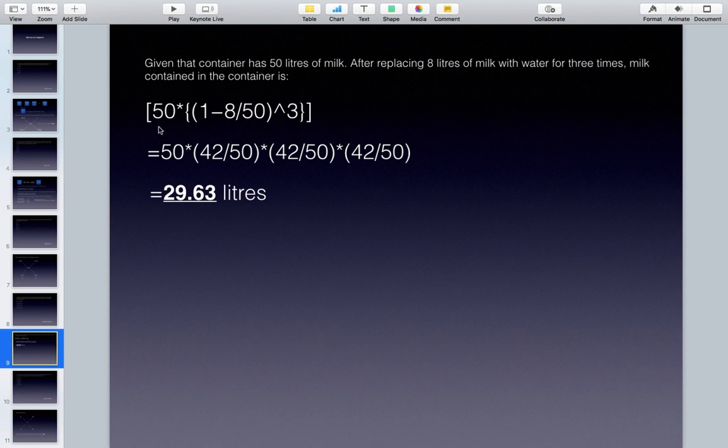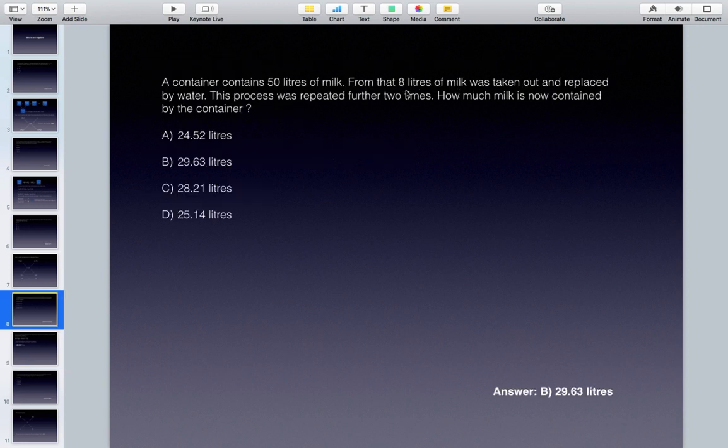We had 50 liters of milk initially, and we are taking 8 liters from that. But how many times did we do that? First 8 liters was taken and replaced by water, then this was repeated further 2 times. So in total we are doing this 3 times.